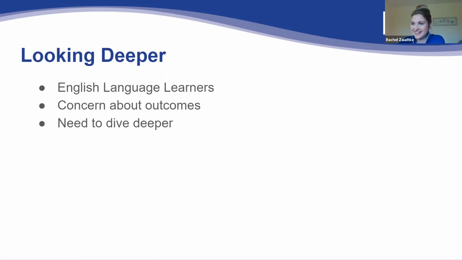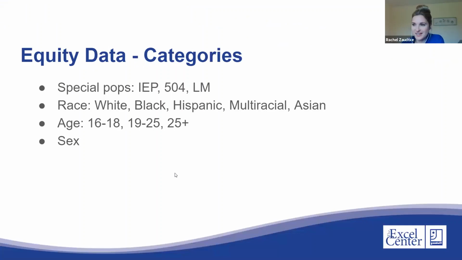Thank you, Corey. As we take a deeper look here, we decided that the groups or categories to use would be special populations, so focusing specifically on students with an IEP, a 504 plan, or those identified as language minority students. And then race broke down into white, Black, Hispanic, multiracial, and Asian. Then our ages, we broke those into 16 to 18-year-olds, then 19 to 24-year-olds, and then the 25 and up group.